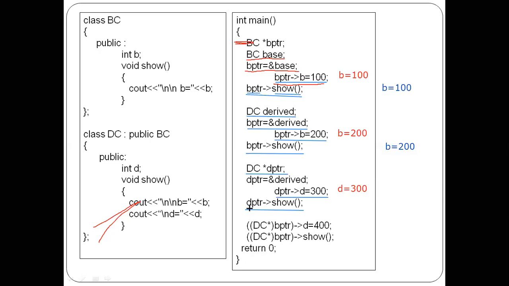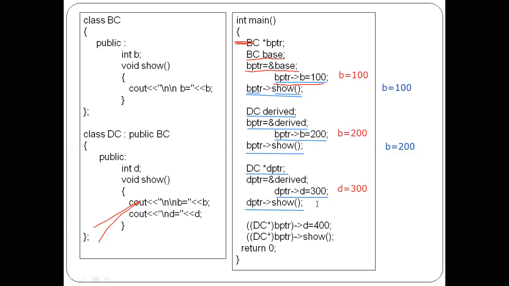The compiler is going to call the method from the derived class because we are using the derived class pointer as well as the object from the derived class. Both we are using from the derived class, so with the help of d pointer, when we call that show method, it will directly call the method from the derived class and display the result.